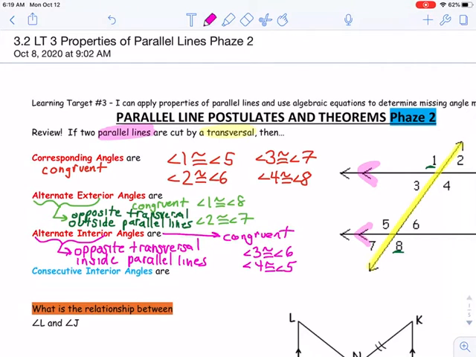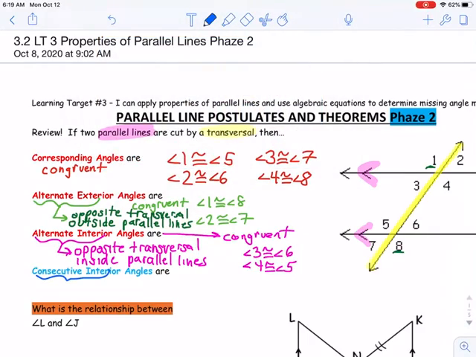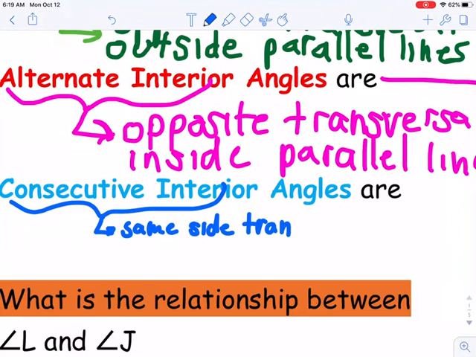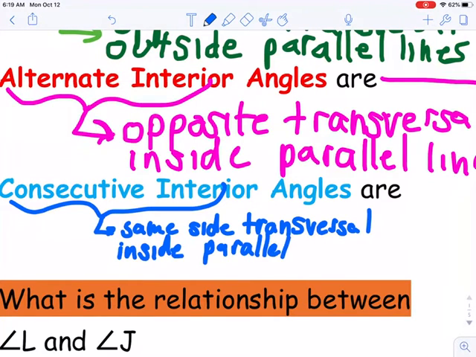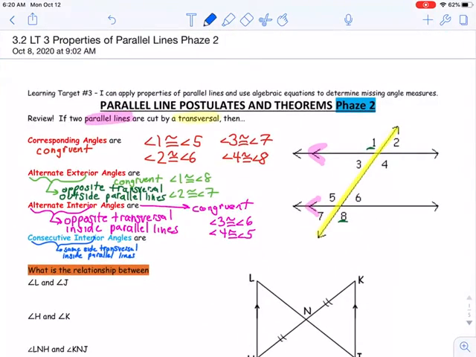And then consecutive interior angles. This is the first and only time we see consecutive. Consecutive means same side of the transversal. And interior means inside the parallel lines. So same side, inside, and consecutive interior angles are supplementary.